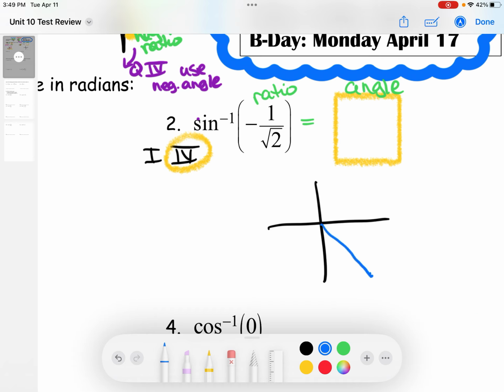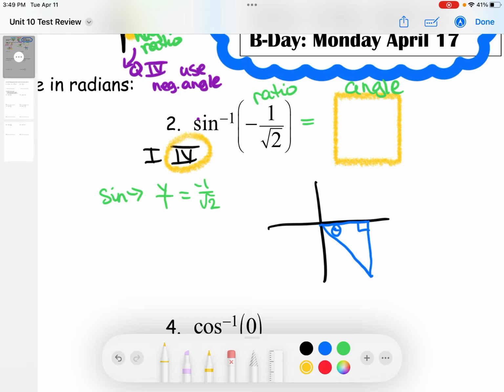Drawing into quadrant 4, perpendicular to the x-axis, one leg sitting on the x-axis, theta at the vertex at 0, 0. Now, if we look at sine, we know that sine is y over 1, which would be negative 1 over square root 2.